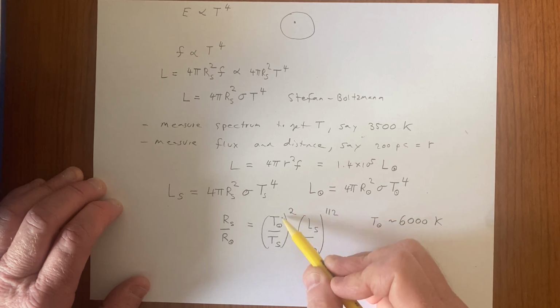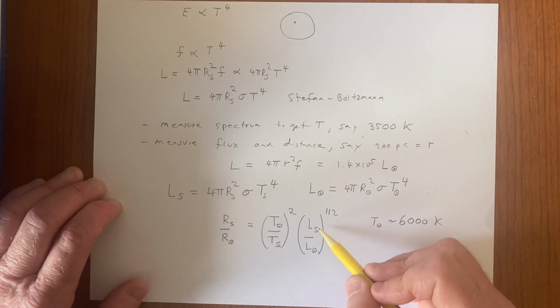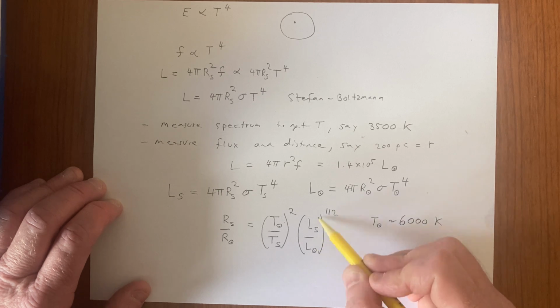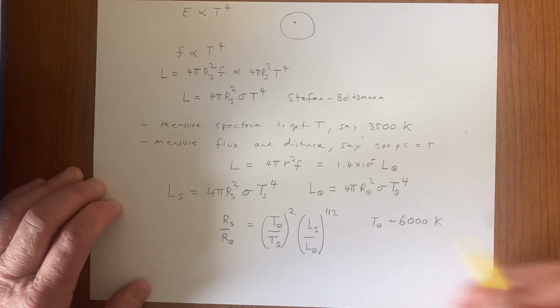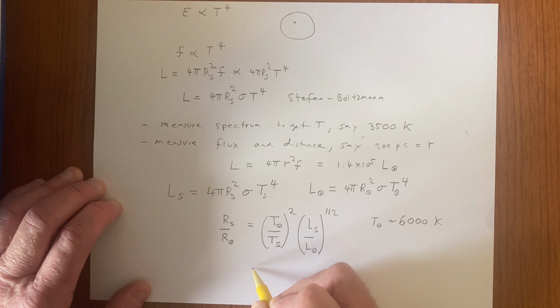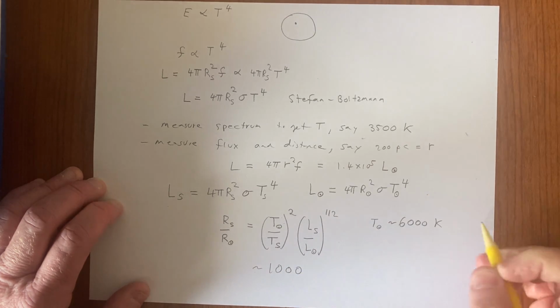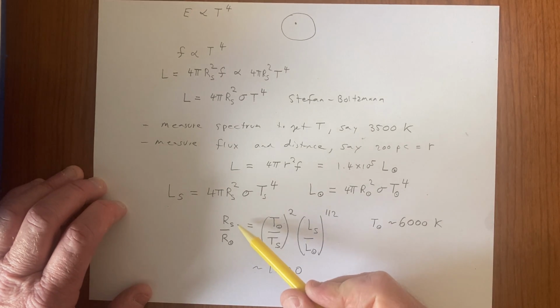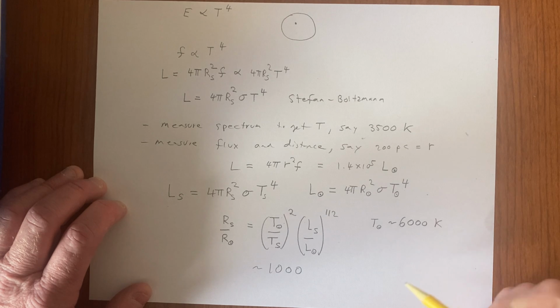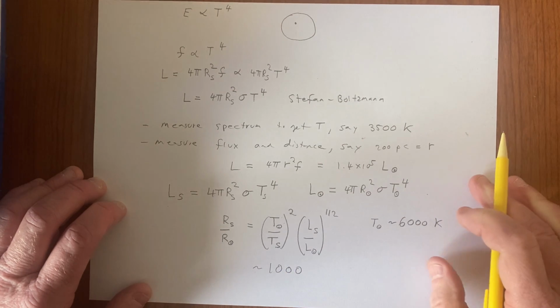We can calculate this quantity. We have the luminosity, we have this ratio, and so we end up with approximately a factor of 1,000. So this star is 1,000 times larger in radius than the sun.